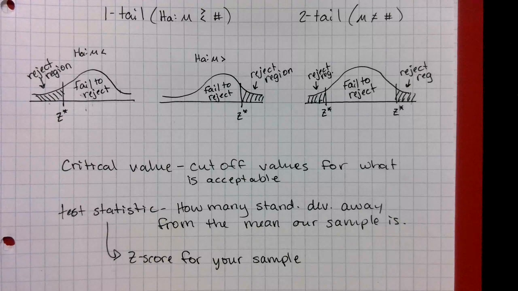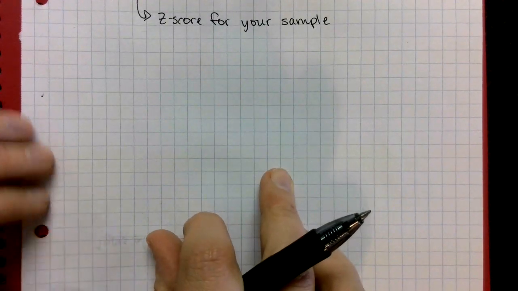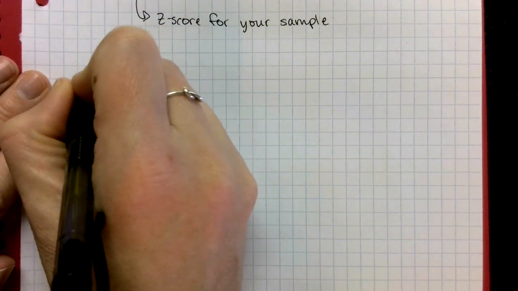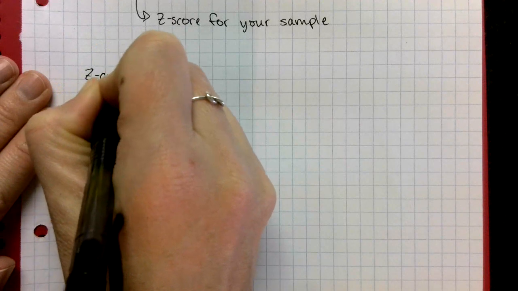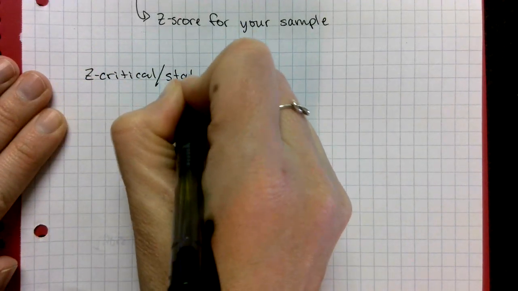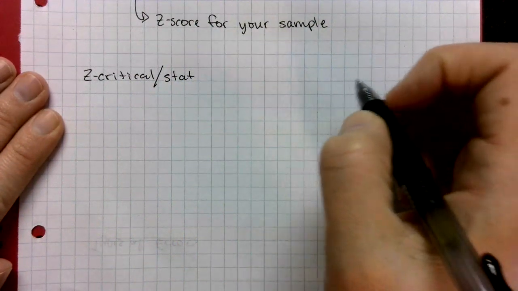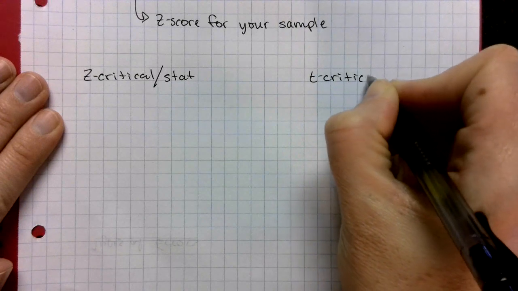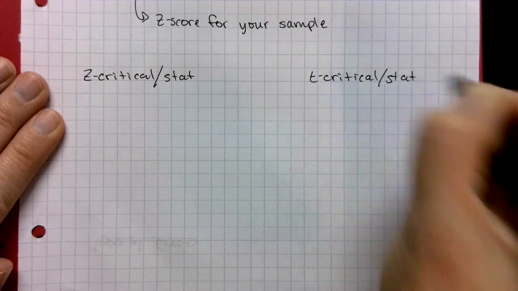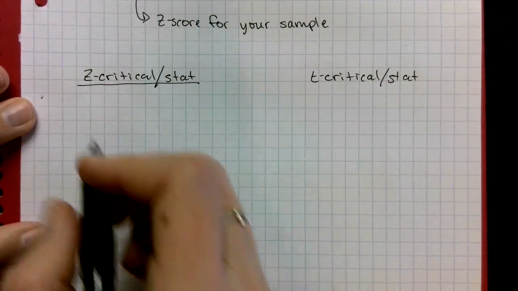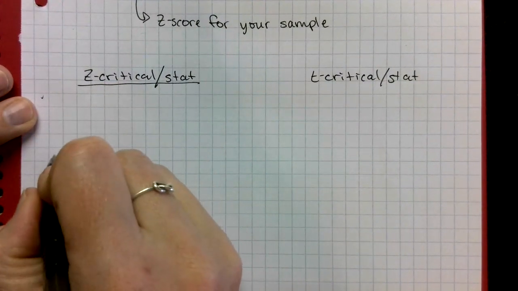The only other thing that I need to show you here is some formulas. Okay, so here's some formulas for you. When we are doing these tests, we're either going to have to find a z-critical and a test statistic or a t-critical and test statistic. So to find your z-critical, first of all, you have several options.